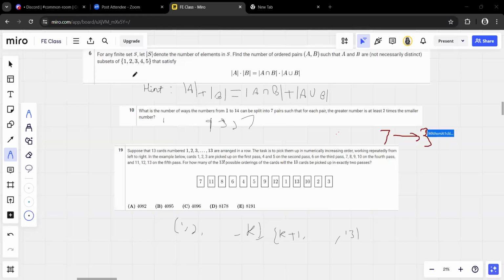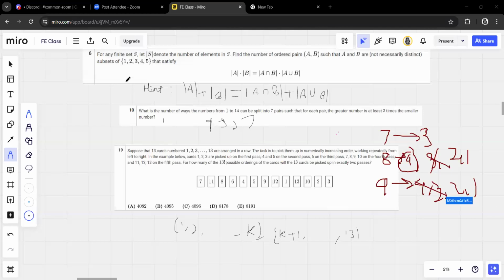Then for 8 we will have options 4, 3, 2, 1, but as 7 is connected with 3, we don't have that option. Suppose I connect with this. For 9, we again have 4, 3, 2, 1, but all of them are rejected, so we suppose we connect it with this.